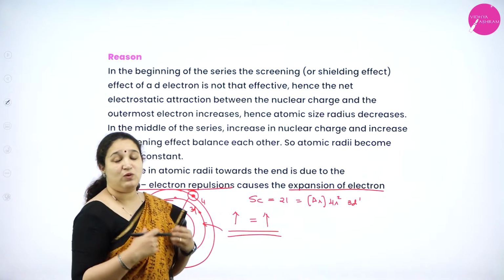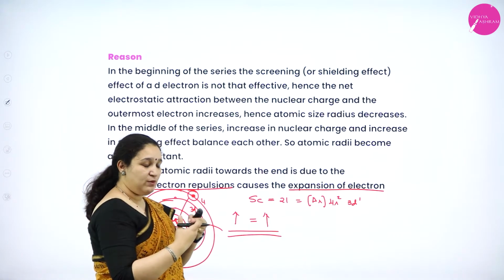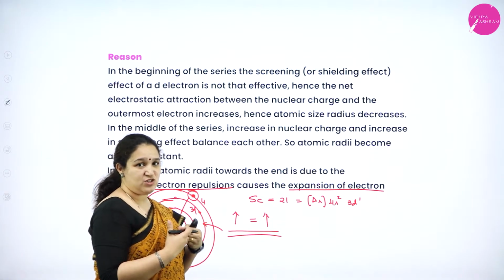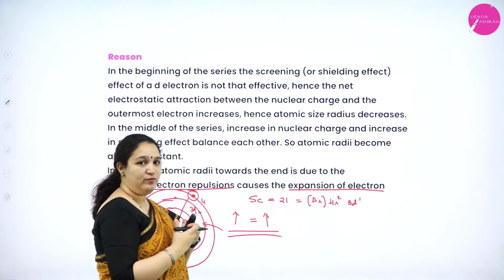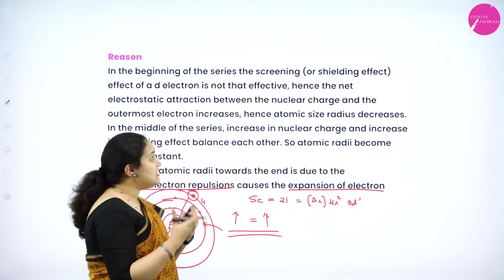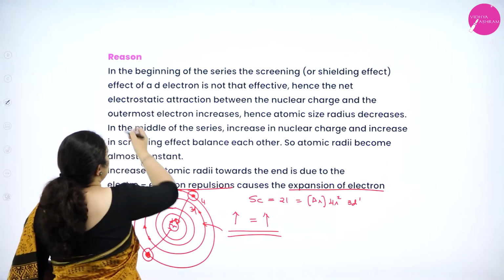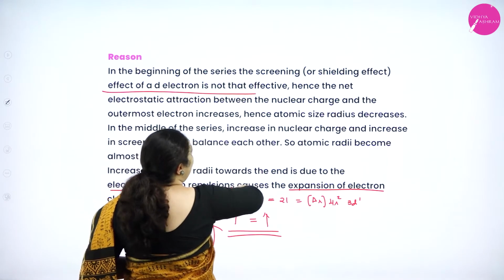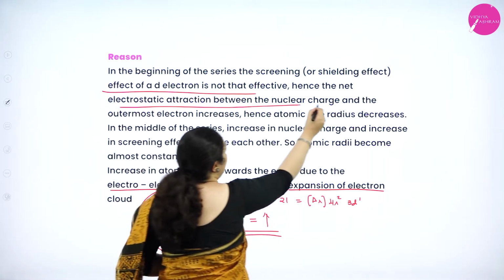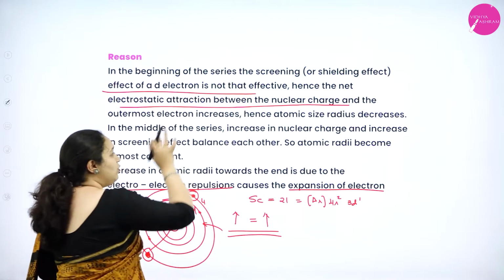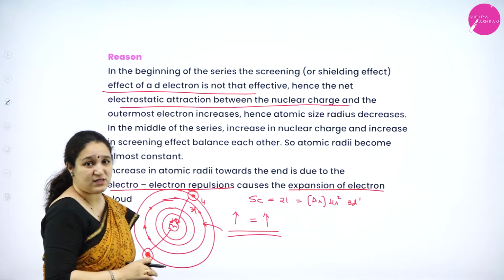So what is happening? What is the reason? As we move, for example, in 3D transition series from scandium to zinc, first the screening effect of d electrons is not that very effective. So there is a force of attraction between the nucleus and the outermost electrons of the 4s.